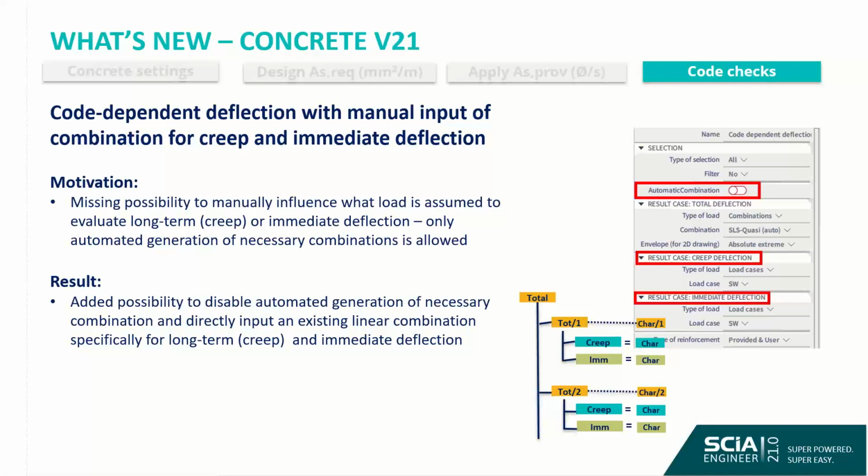So we simply enable you to input your preferred combination for creep and immediate deflection as a non-linear linear state, and this linear state is used for each total combination from the envelope, I mean linear components. Again, I will explain later what is behind it.